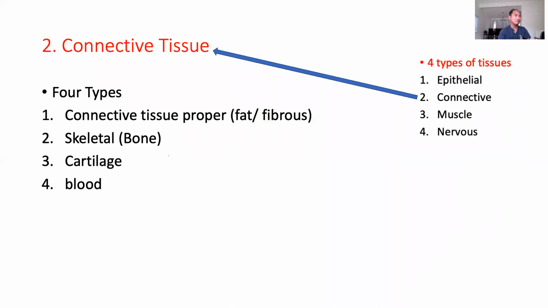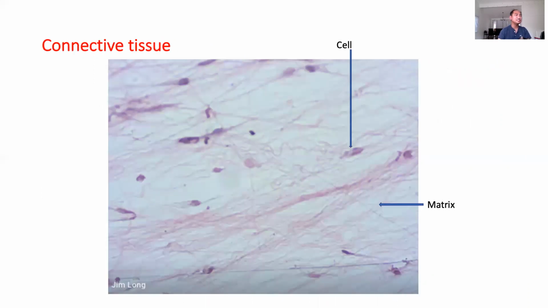There are 4 types of connective tissue: connective tissue proper, skeletal tissue, cartilage tissue, and blood. Don't forget, blood is a connective tissue. So this is the typical microscopic view of the connective tissue.